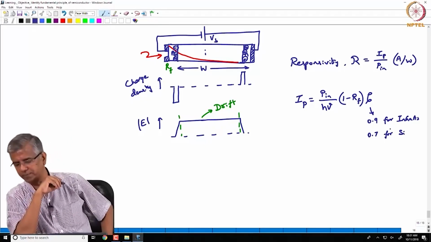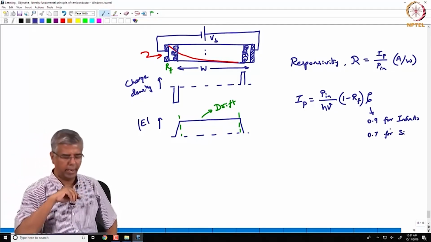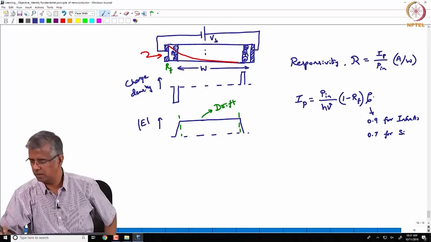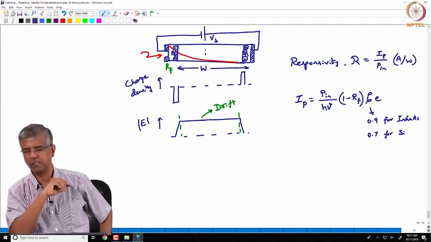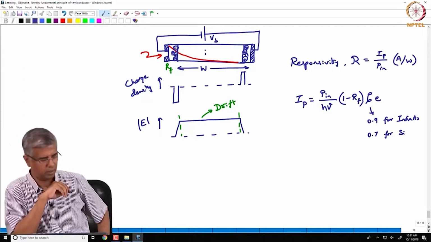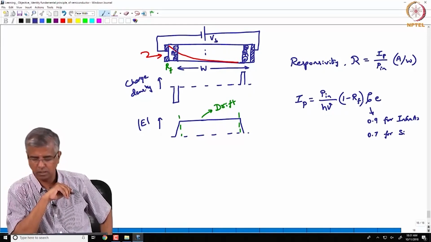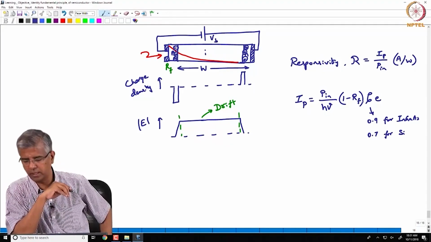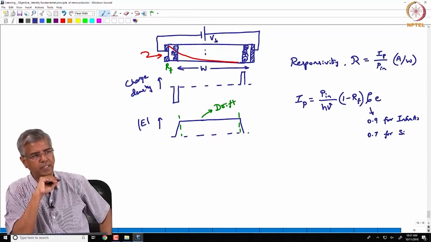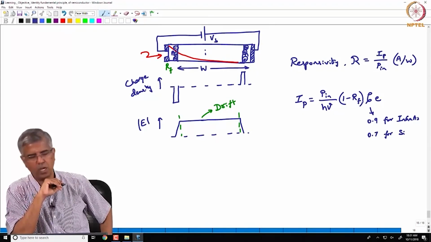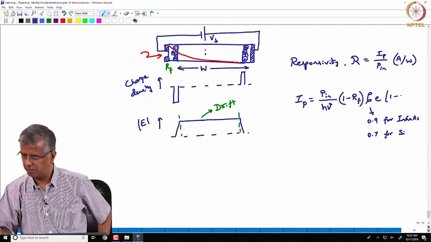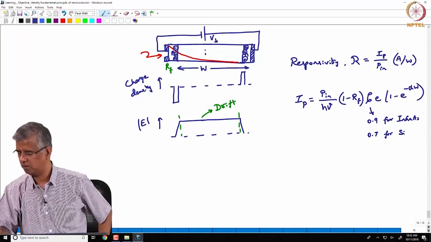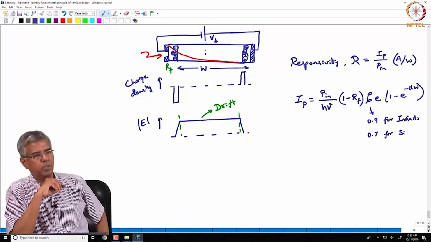And then of course, you are generating charges, so you can represent that electronic charge as E, and then what is the amount of light that is absorbed within this medium, that is going to be given by a factor 1 minus e power minus alpha multiplied by W, right.